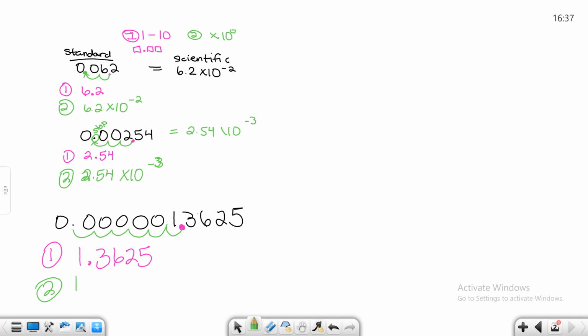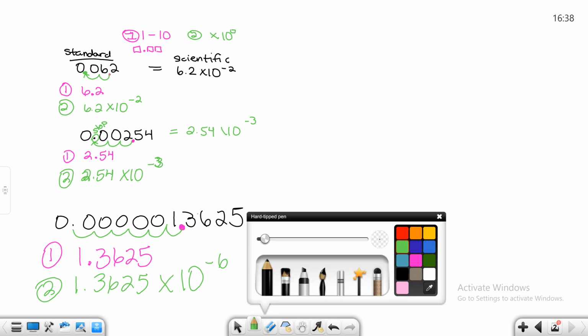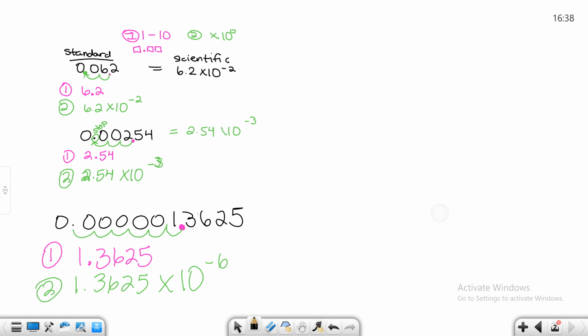So this is going to be 1.3625 times 10 to the power of -6. So in scientific notation, this is equal to 1.3625 times 10 to the power of -6.